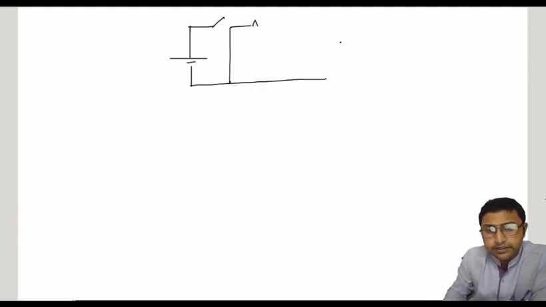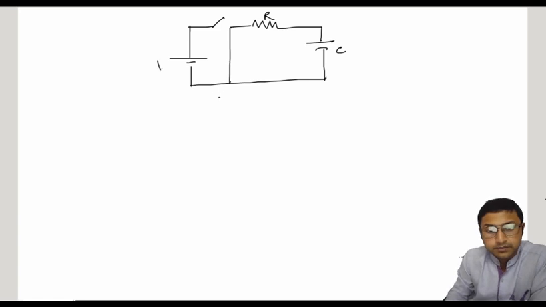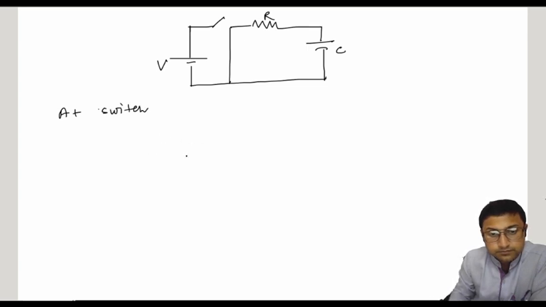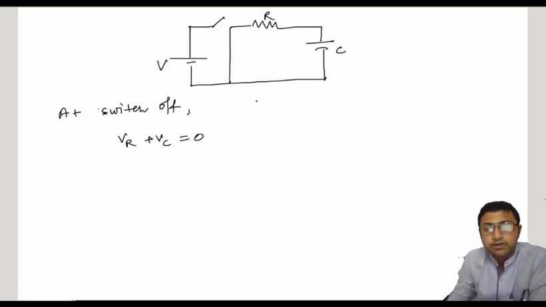There is no source connected to R and C. This is the supply voltage, it is not connected here. So at switch off, what is the KVL equation? VR plus VC equal to 0. Simple, because the supply voltage is irrelevant here since the switch is open.